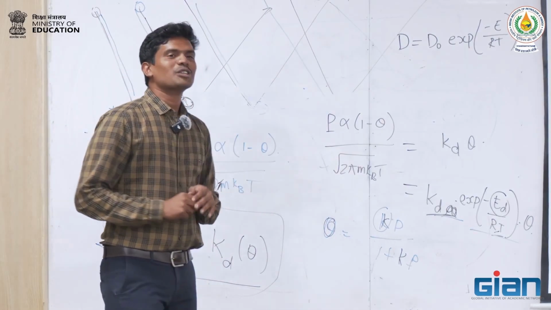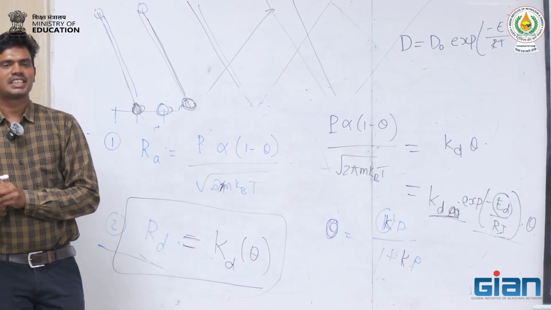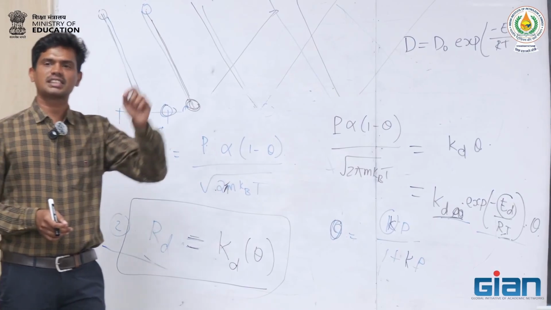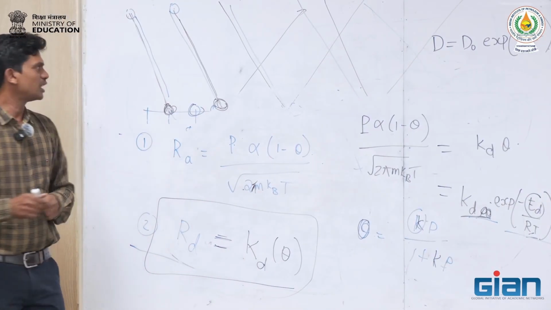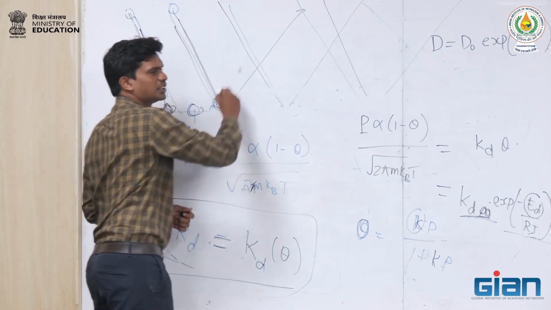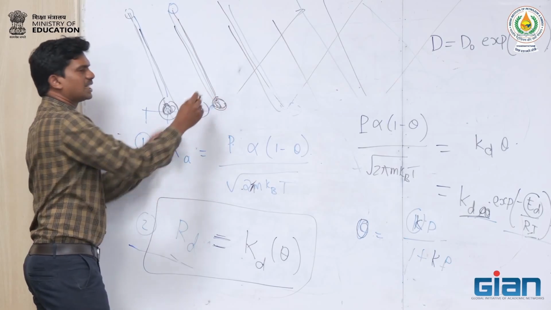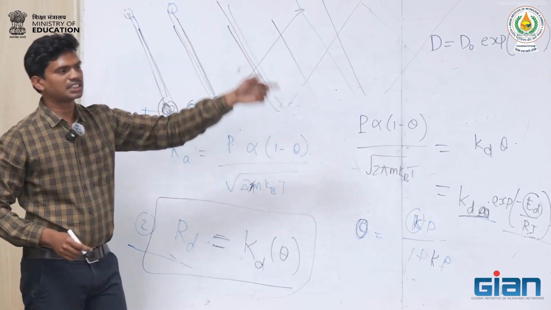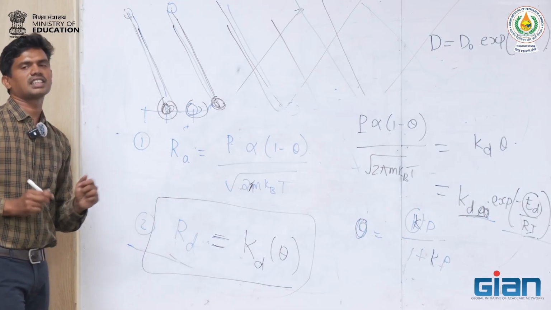More or not depends on adsorption and desorption, both things together. Faster, yes, because a lighter molecule diffuses faster. That means it can make more collisions with the surface, so there is more chance that it will hit the active sites and sit. That is yes, but the second one is not correct.